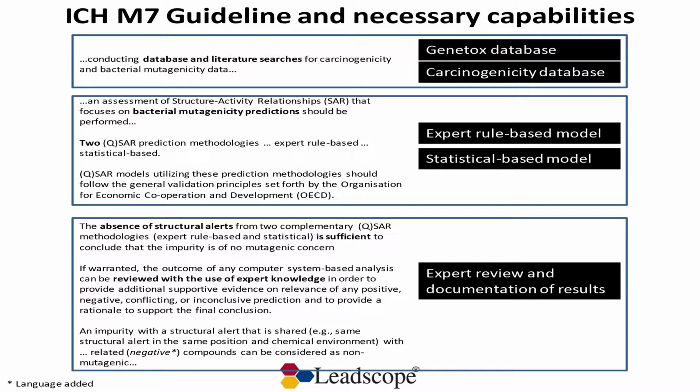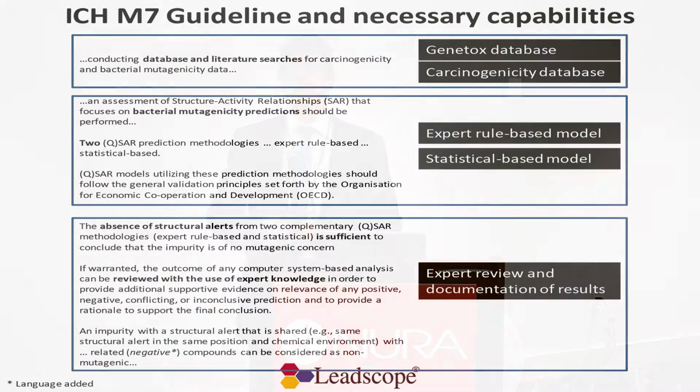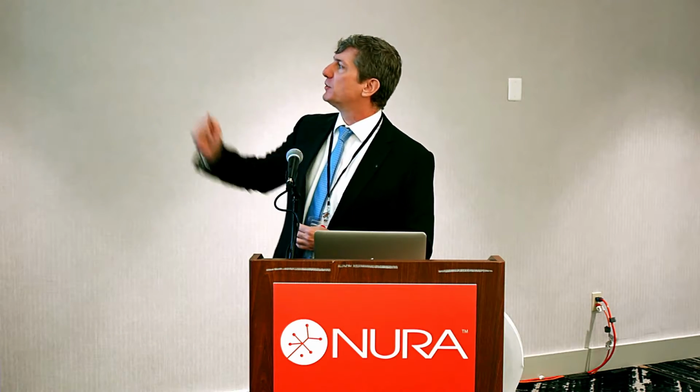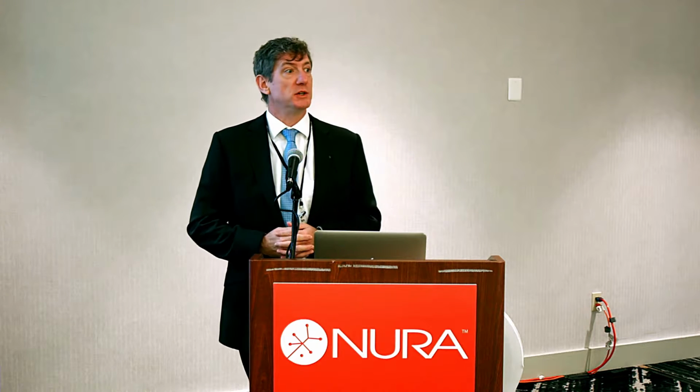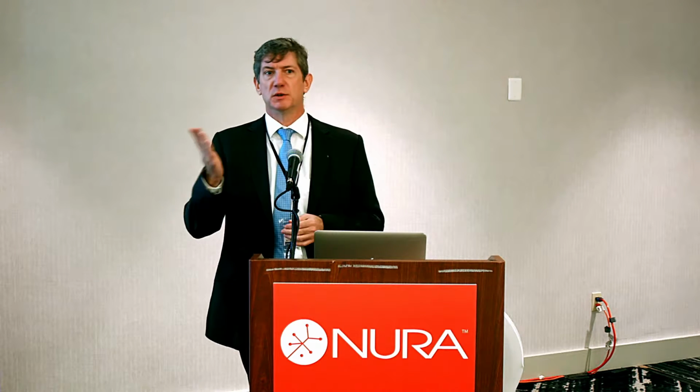But in the absence of data, in silico models, actually two in silico models, can be used. They go a little bit further. They say one is a statistical-based methodology, and the second one is an expert rule-based methodology. And as in the previous talk we've described, they do reference the OECD validation principles, those five validation principles that have been very nicely covered already.